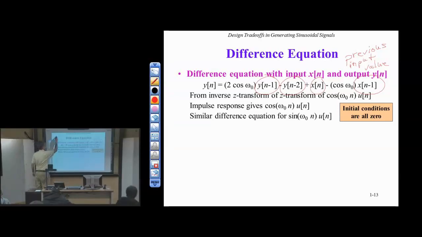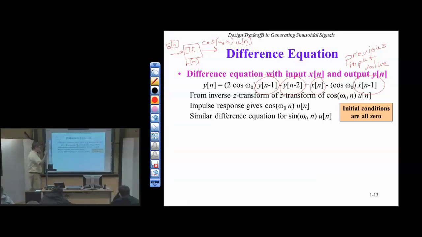It means that I have a system, and if I put in a discrete time impulse, I get out cosine omega naught n times the step. And this is an LTI system, has an impulse response h of n. So the impulse response is exactly the one-sided cosine.